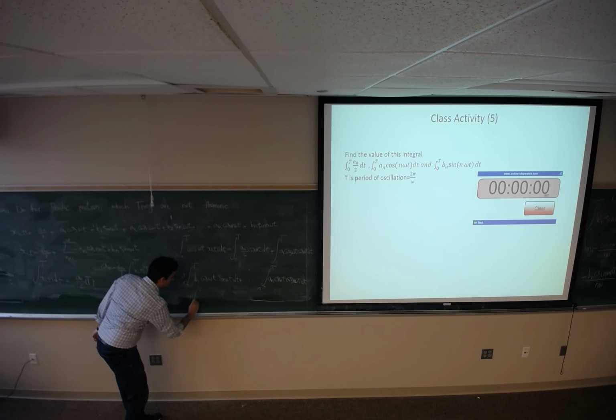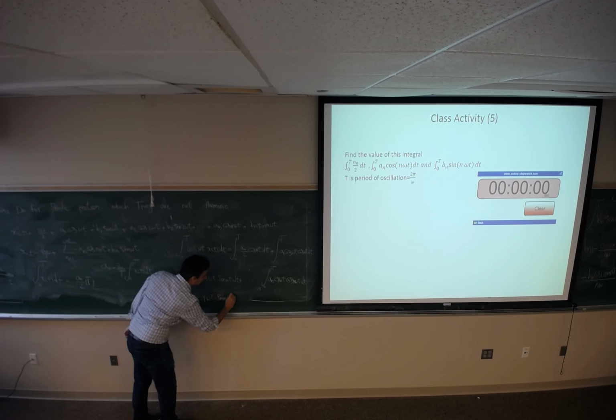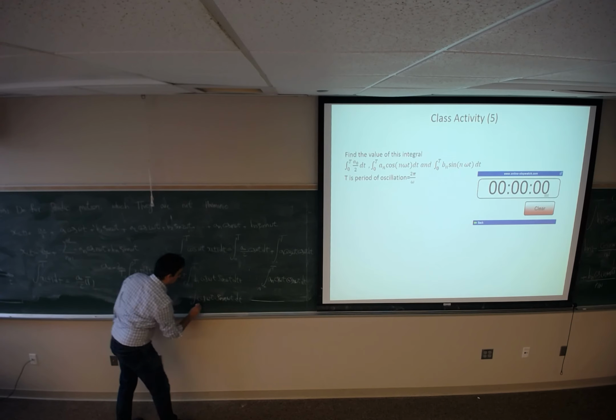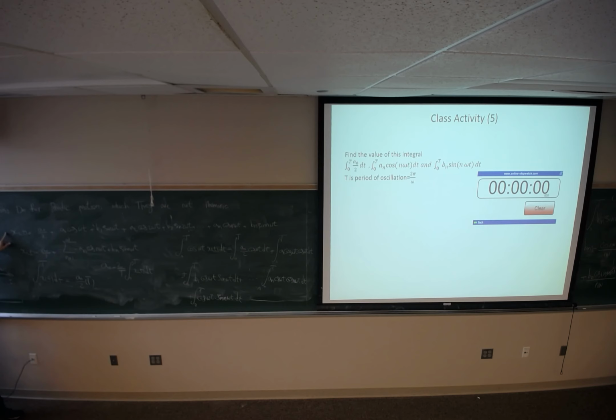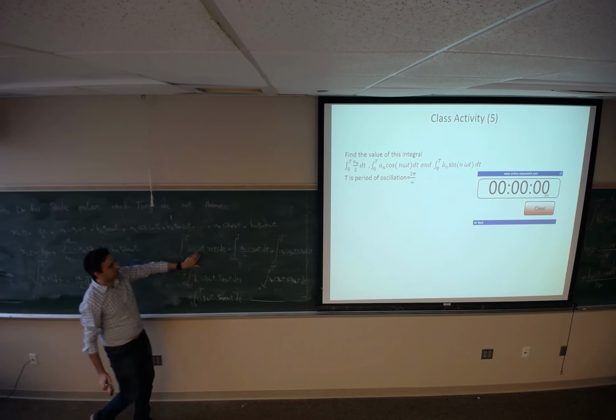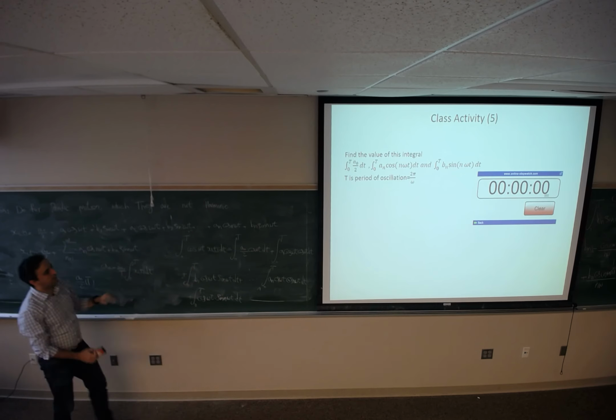And the last term is cosine of omega t sine of n omega t dt. So what I did, I multiplied both sides by cosine of omega t, and then I applied the integration.